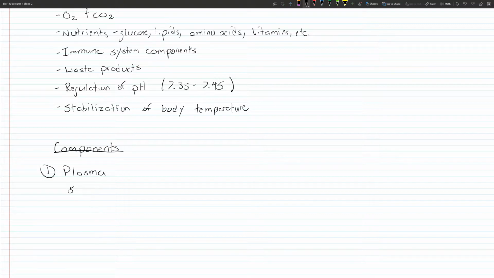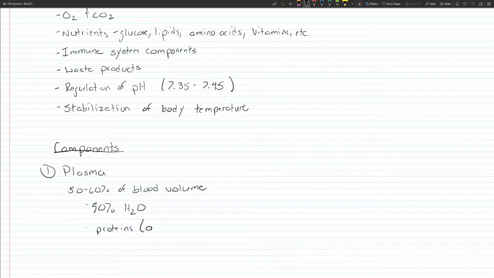It is about 50 to 60% of blood volume. Of this 50 to 60%, 90% of that is water. So your blood is mostly water. The remaining 10% of that are proteins.